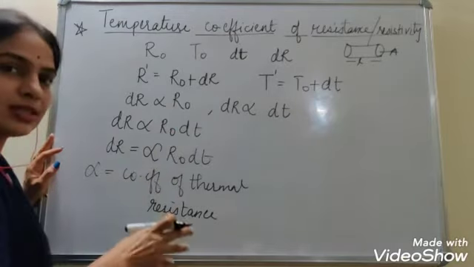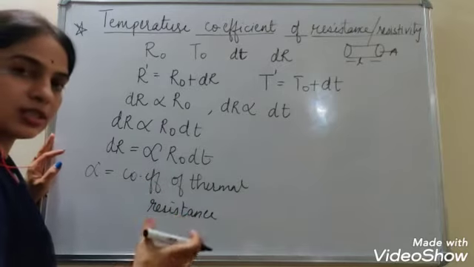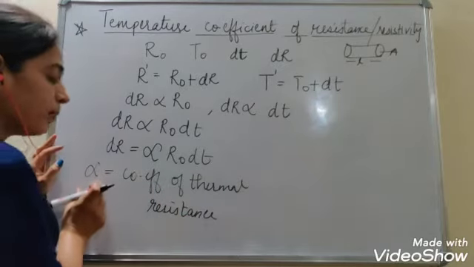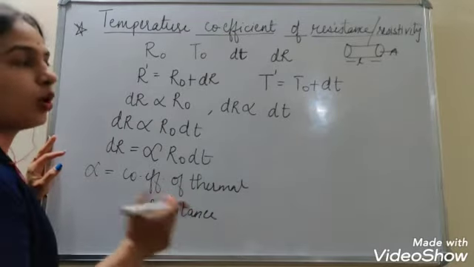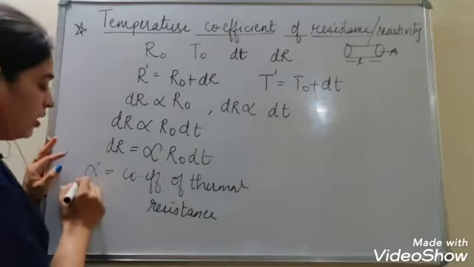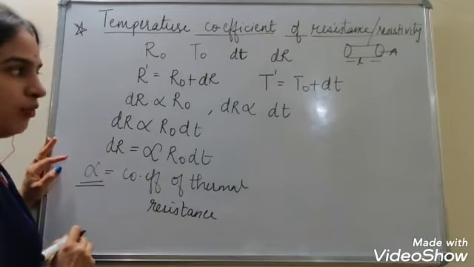If alpha is less, then its change in resistance for the change in temperature is less. That means alpha gives you the dependence of resistance on the temperature. So we have to derive the expression for alpha over here.